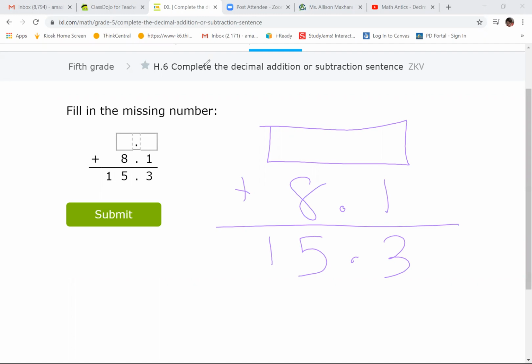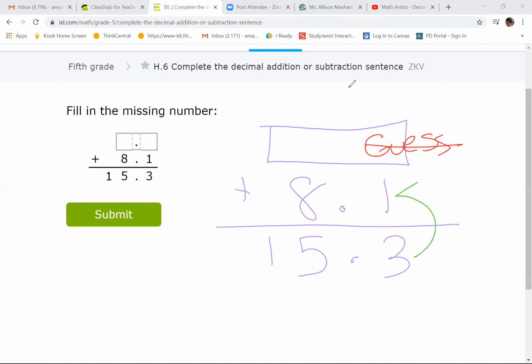I'm going to tell you what I'm not going to do. I am not going to guess on this one because I've got a lot of guessing. I can guess 2 plus 1 is 3, and then I got to guess the other one. I mean, I'm just going to subtract. That's what I'm going to do. Watch this.